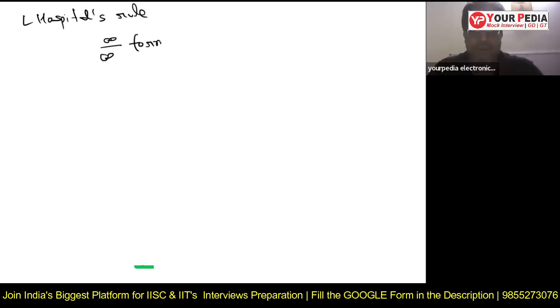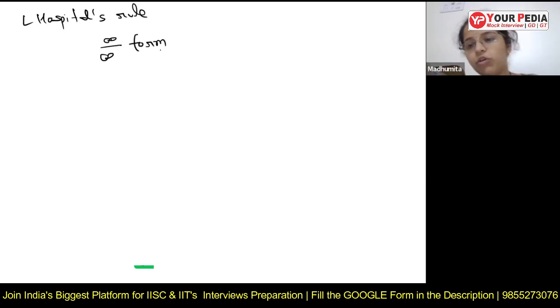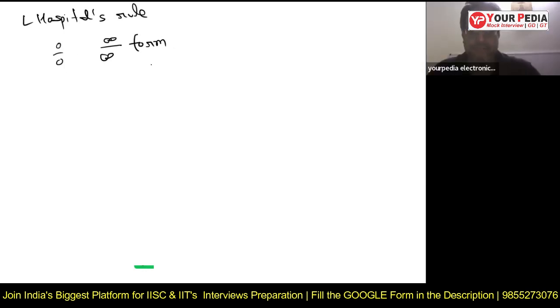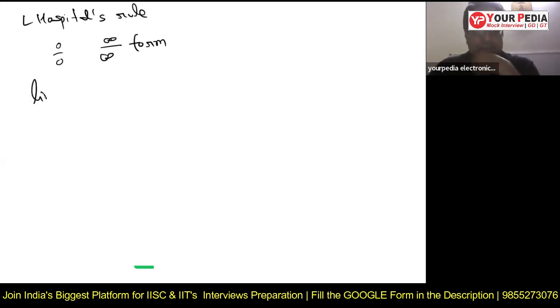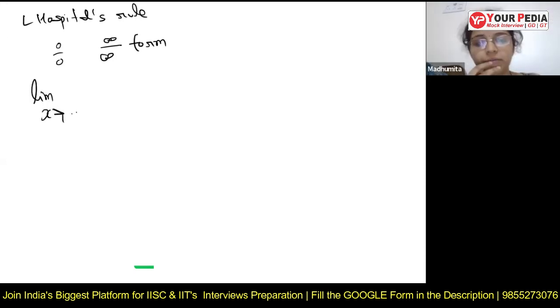You use this rule only in this form? 0 by 0 also. So this is an indeterminate form, and in order to solve this, we differentiate the numerator, and then substitute the limit, like x tends to infinity, you put that value, and then you try to solve the limit.